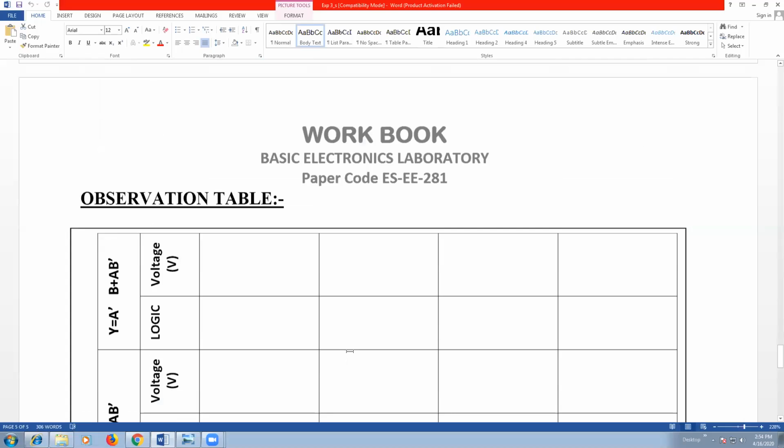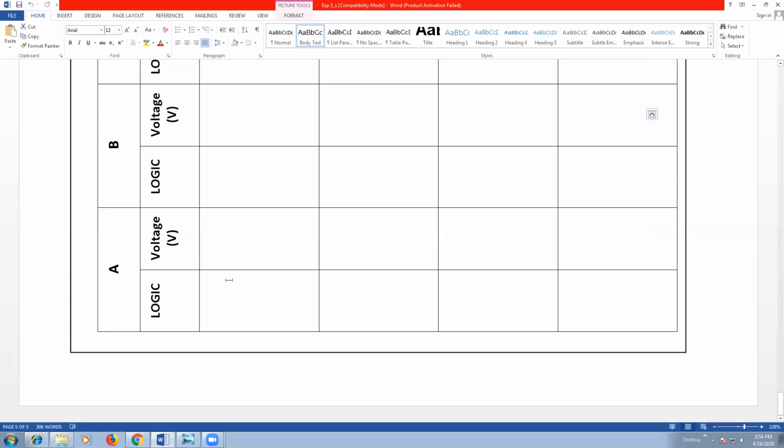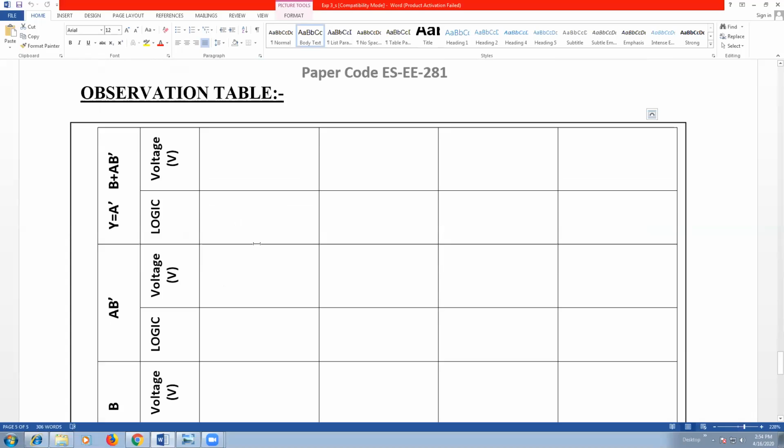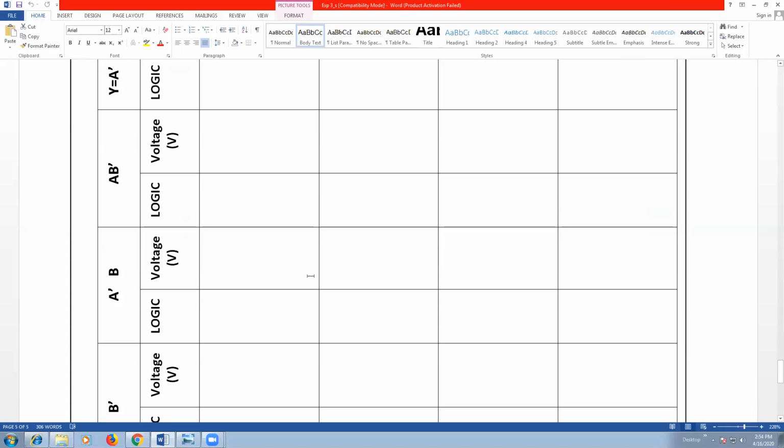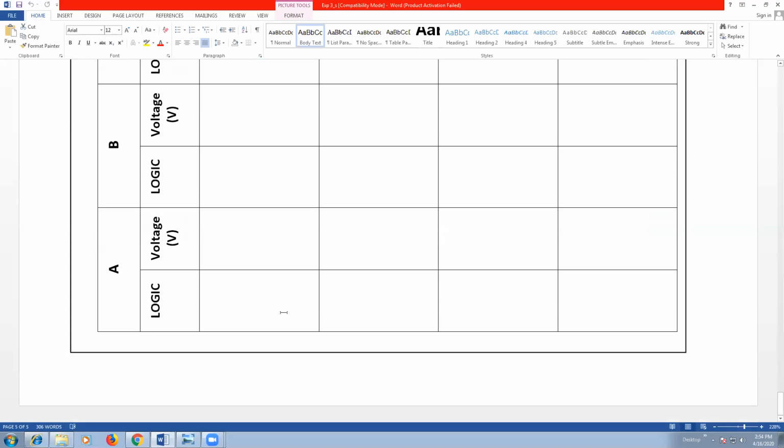So you can see here the observation table for A, B, A bar, B bar, A bar B, A B bar, and Y, that is A bar B plus A B bar. You can also put here the logical inputs and output, that is the combination of A and B: 0 0, 0 1, 1 0 and 1 1.